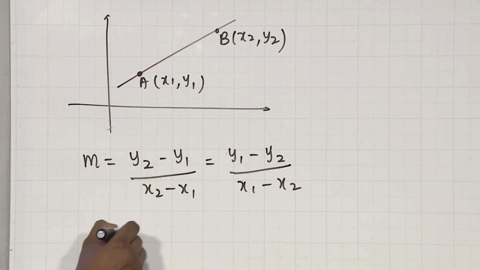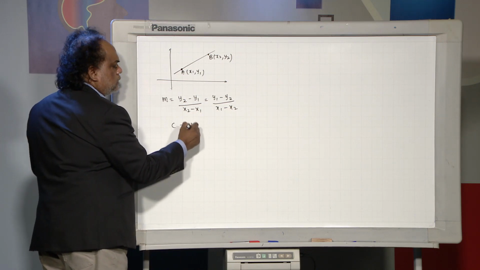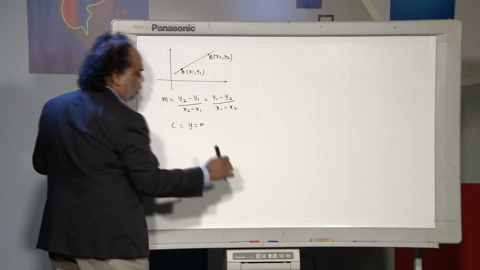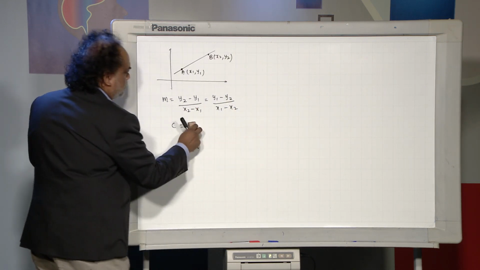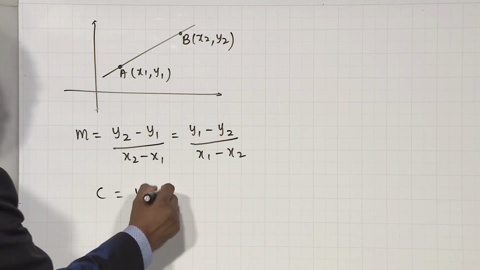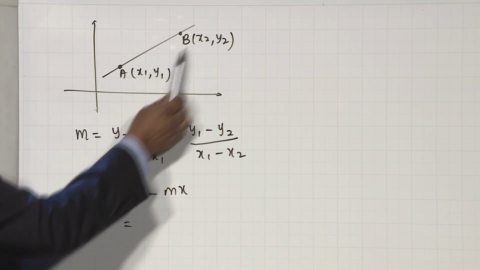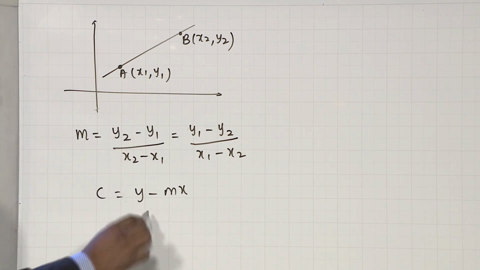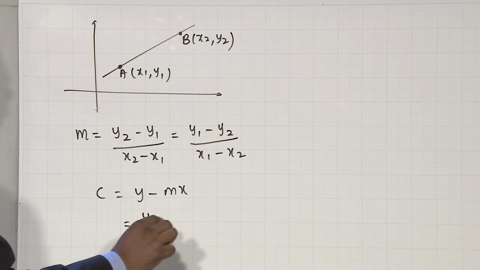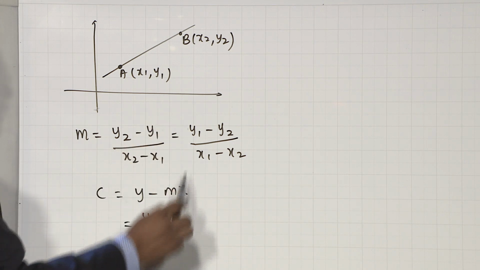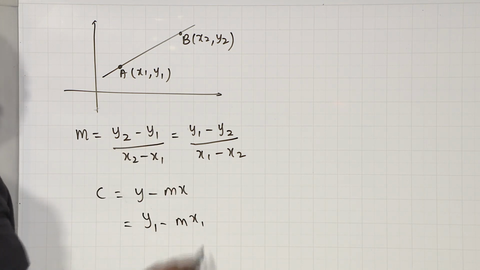We can find c. How do I find c? c is y minus mx, right? And I can use any one of the points on the line. I replace y by y1 and x by x1.